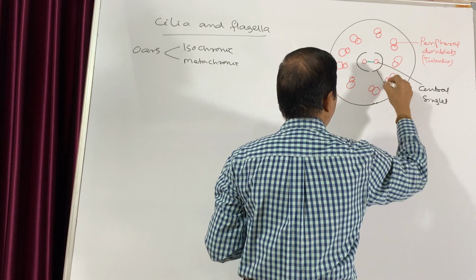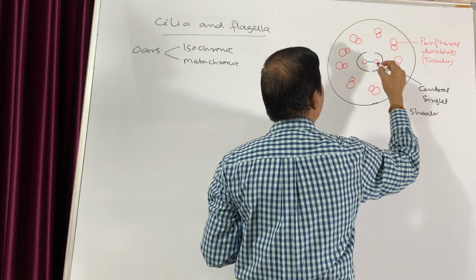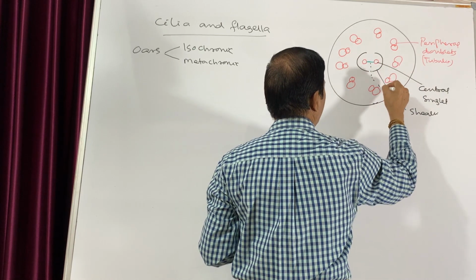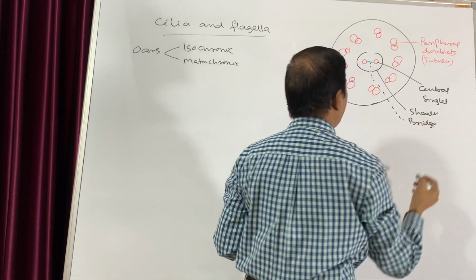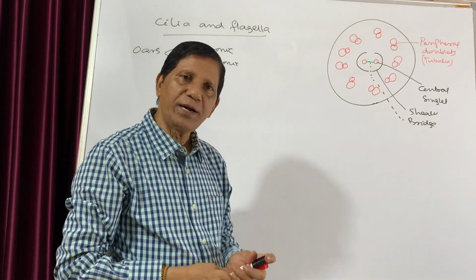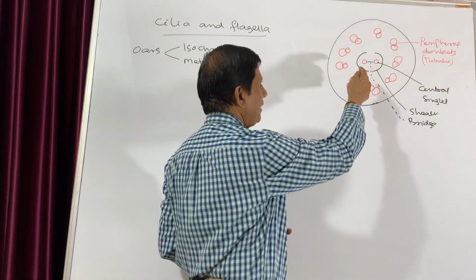This is known as the sheath and this is known as the bridge. So here you see there are 9 peripheral doublets, 9 into 2, 18, and at the center 2.